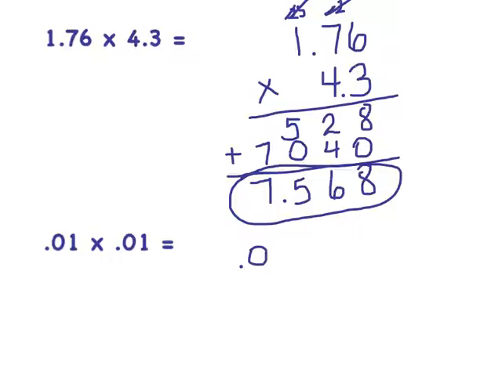Now let's look at this next one. Decimal 0.1 times decimal 0.1. Now this may look easy at first, and then it starts to look a little complicated, but it's really not. Let's just pretend like it's 1 times 1. Well, that's simple. That's 1. But then I need to go back up into my factors, and I have 1 digit here and 1 digit here. That's 2. 1 digit here, 1 digit here. That's 2 more, so 2 and 2 is 4. Now, I need to take my decimal point 4 places.